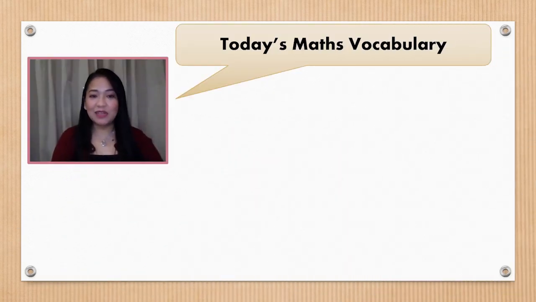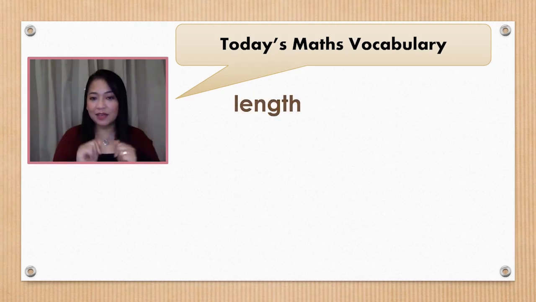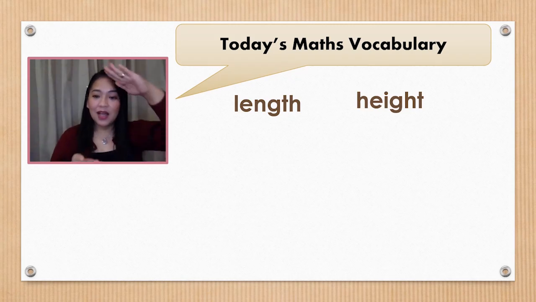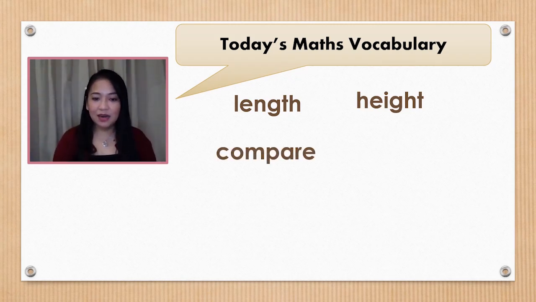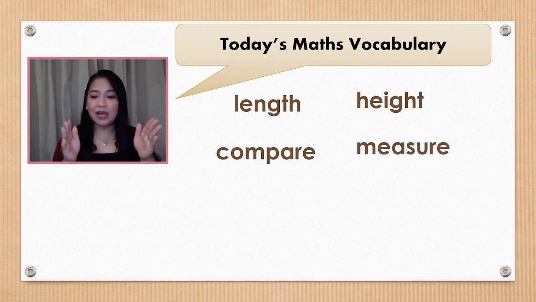For this lesson, we will be using vocabulary words like length, height, compare, and measure. And when you compare length and height, you will use the words in this table.